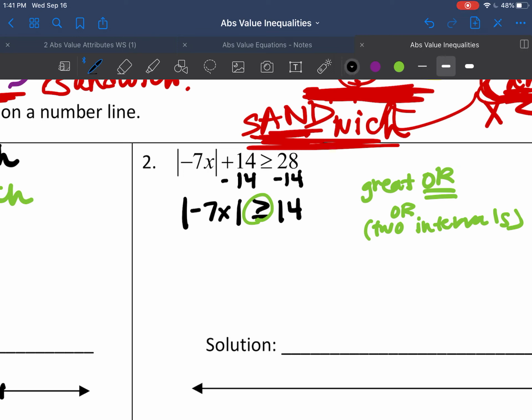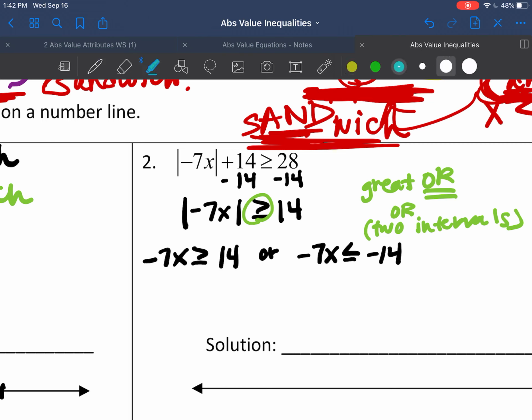Now when I write my cases, -7x is greater than or equal to 14 for case number 1, or -7x, flip it, switch it. Keep the first one the same.